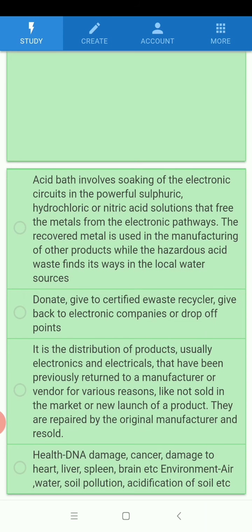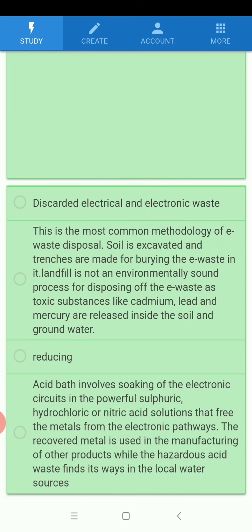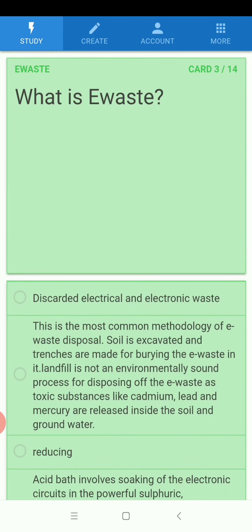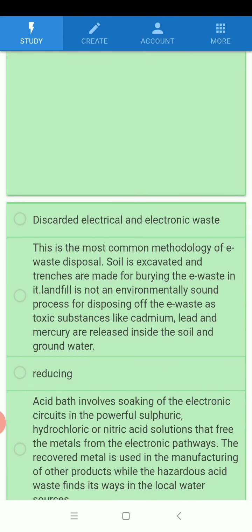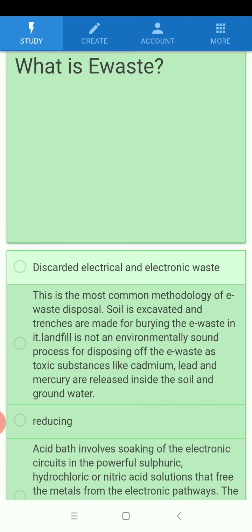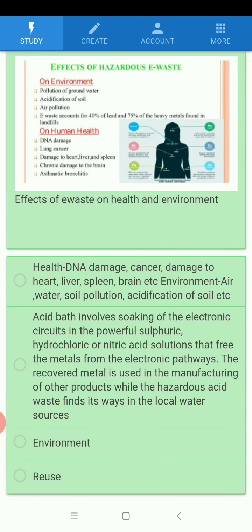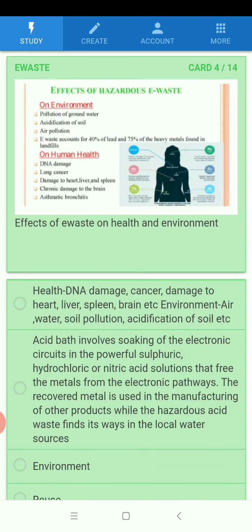So here it is already written, acid bath. Next question is, what is e-waste? E-waste means discarded electrical and electronic waste. The next question is effects of e-waste on health and environment.